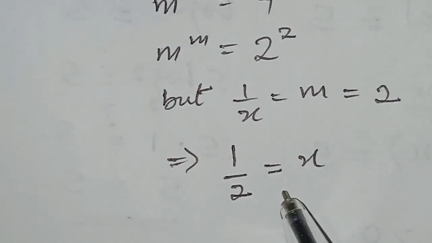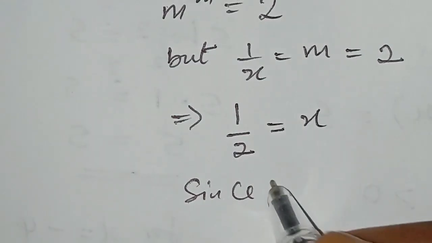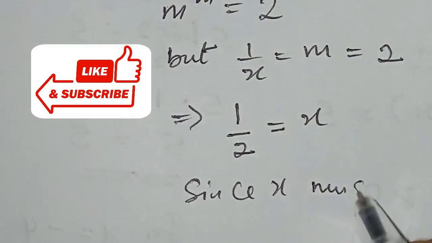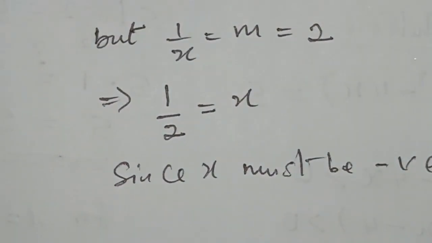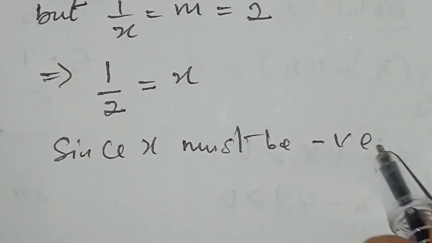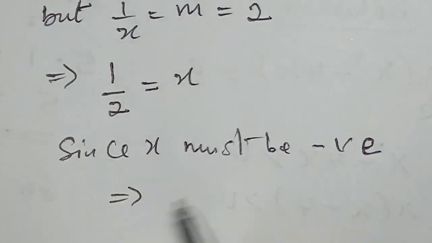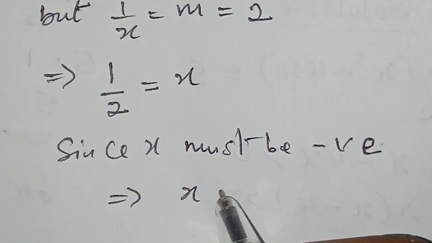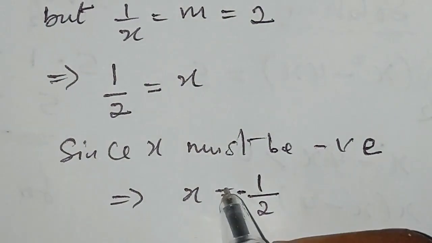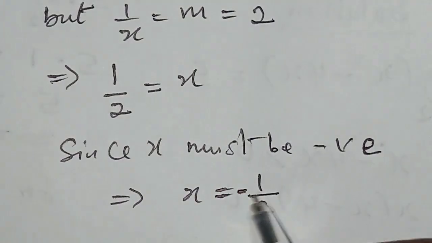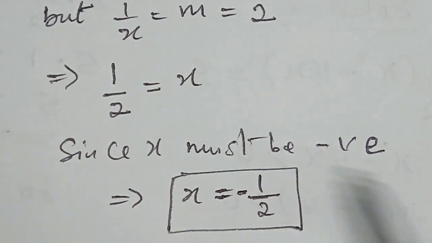But since x must be negative, this now implies that our x will be equal to 1 over minus 2. 1 over minus 2, and this will be our value of x.